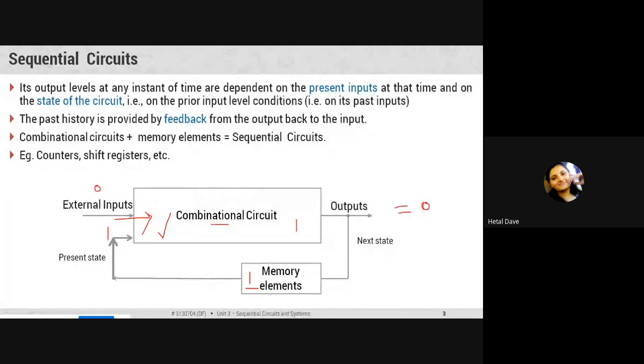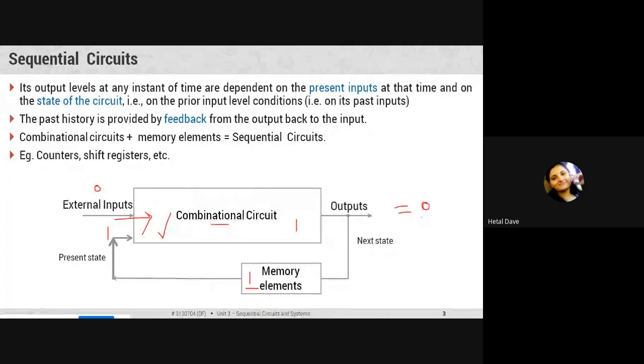So 0 is called the next state. Now please understand, external input 0, present state 1. After applying the present state and external input, whatever new output comes is called the next state.